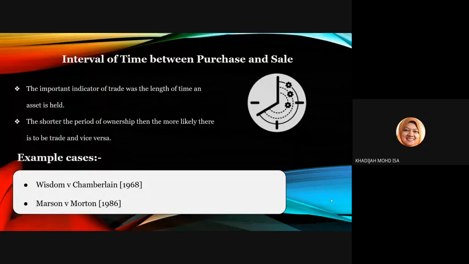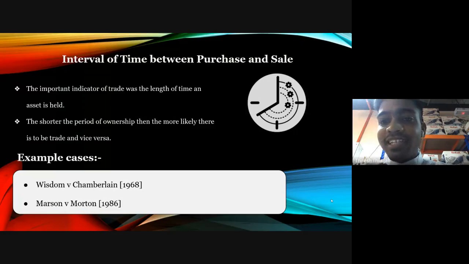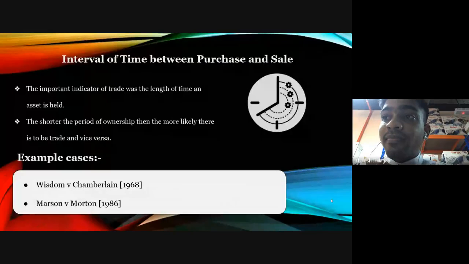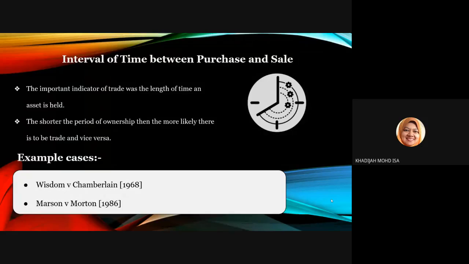Chamberlain is the judge. I think so, because when we searched on Google they didn't mention his name, they just mentioned Wisdom. Normally we have, for example, Wisdom and CIR, but in this case we see a name, so maybe it refers to the judge, right? Because if it is put as a judge, then it's more challenging to see the movement of the case.